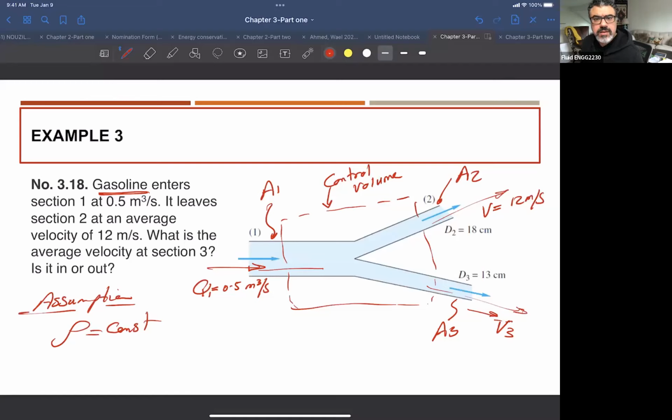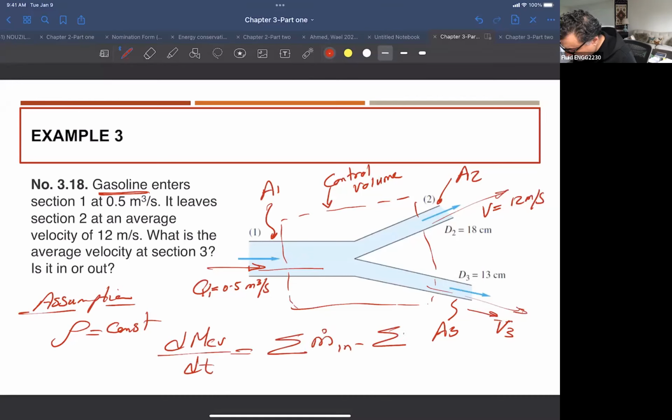Because mass in equal to mass out, or volume flow rate in equal to volume flow rate out, because I can divide the whole equation by the density, if you remember from the last lecture. So I can say, for example, dm of the control volume with respect to t is equal to summation of mass in minus summation of mass out.